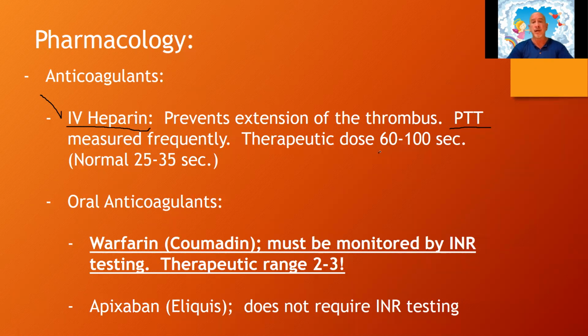PTT, partial thromboplastin time, is how long it takes for the blood to clot. And 60 to 100 seconds is what we're shooting for when we are treating somebody with heparin. Now, you and I walking around the street, 25 to 35 seconds is our normal time to form a clot. We want to extend that time. We want to reduce the number of clots they have.